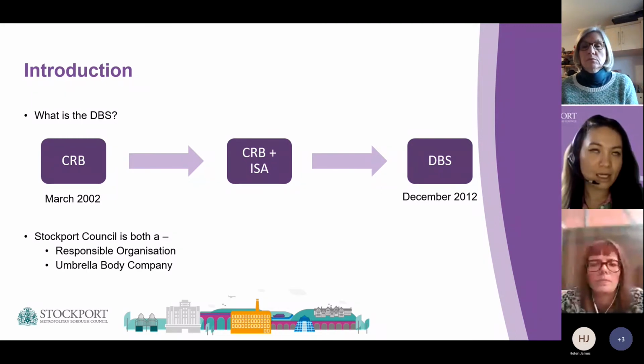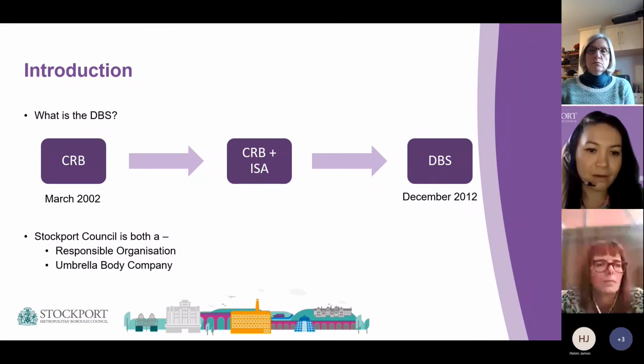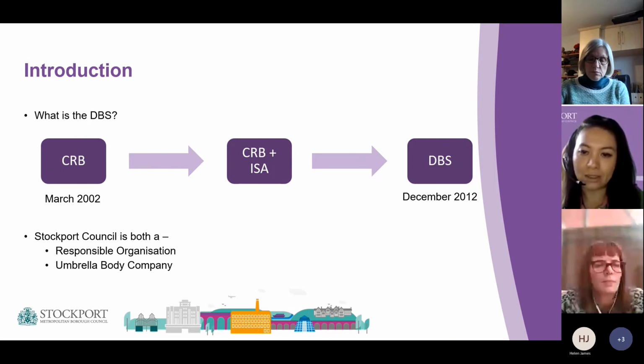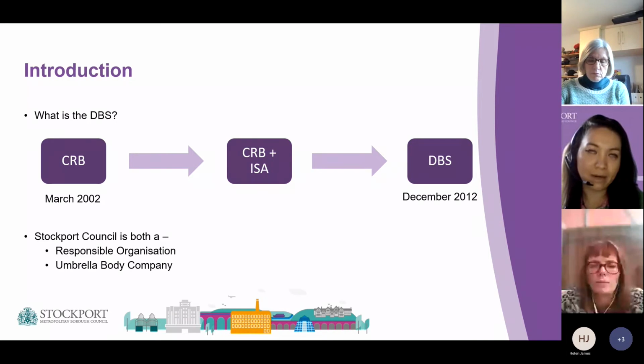It was previously known as the CRB, which you may have heard of. These checks provided detailed reports of an applicant's criminal record history, and this worked alongside the Independent Safeguarding Authority, which provided the barring element. These two then merged to create the DBS in 2012.